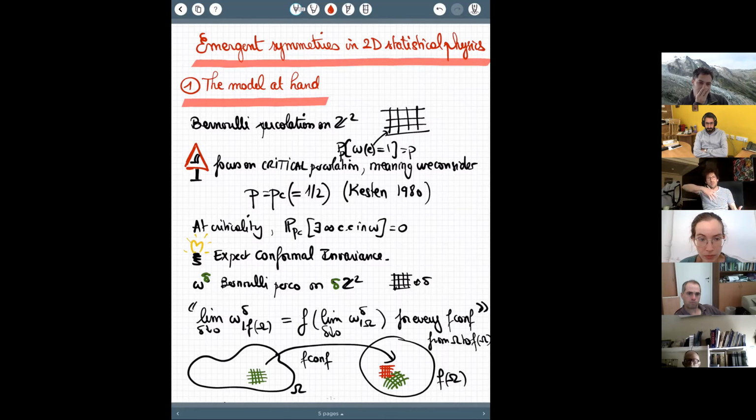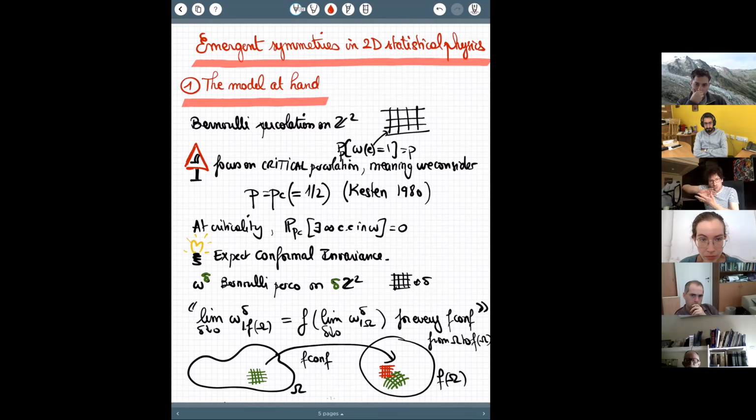So you see, the percolation on a deformed lattice has the same kind of properties as percolation on the original lattice. Very close means the distributions are close, right? Yes, exactly. I'm going to state these things carefully just after, but you are entirely right, yes.